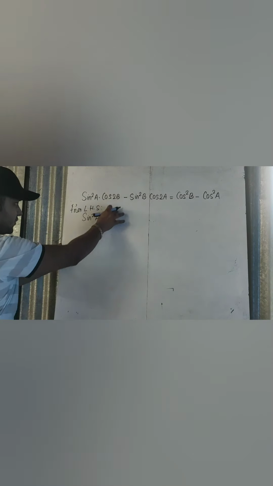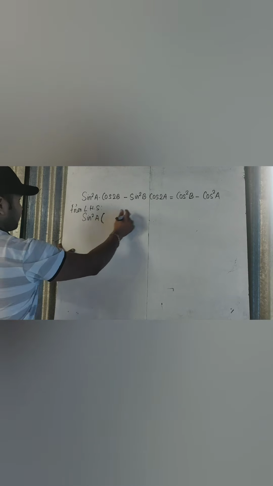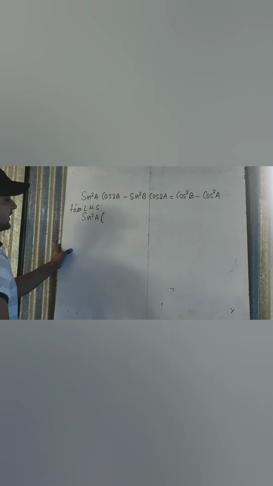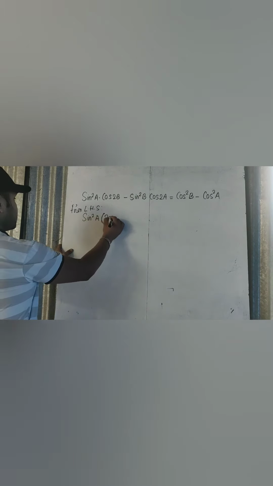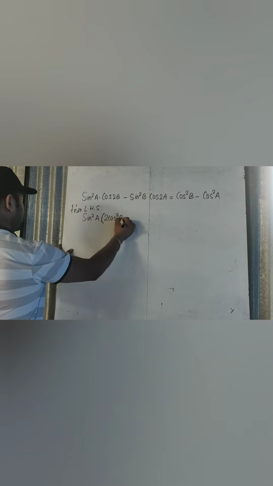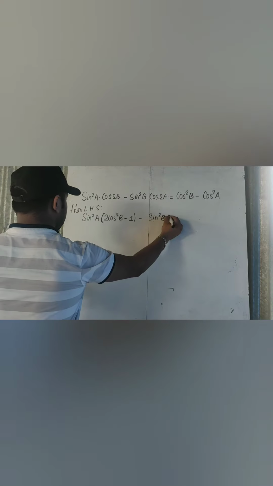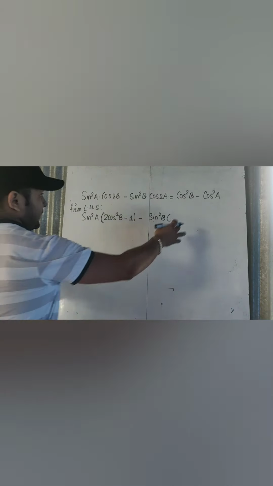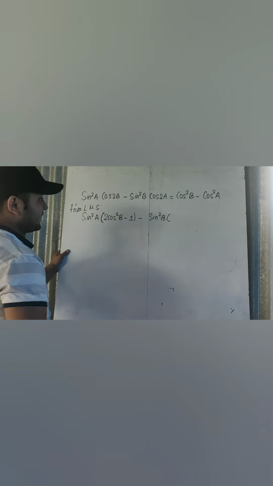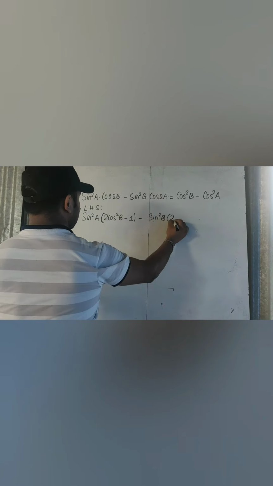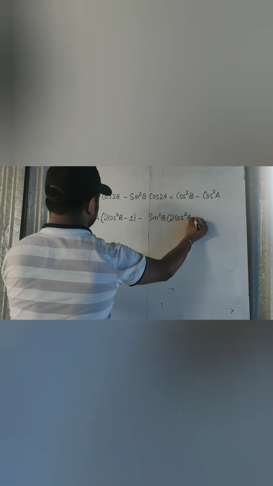So we use the formula where there exists cos B. So your formula is 2 cos square B minus 1, minus sin square B. Cos 2A has cos A, so we use the formula where there exists cos A. So the formula is 2 cos square A minus 1.